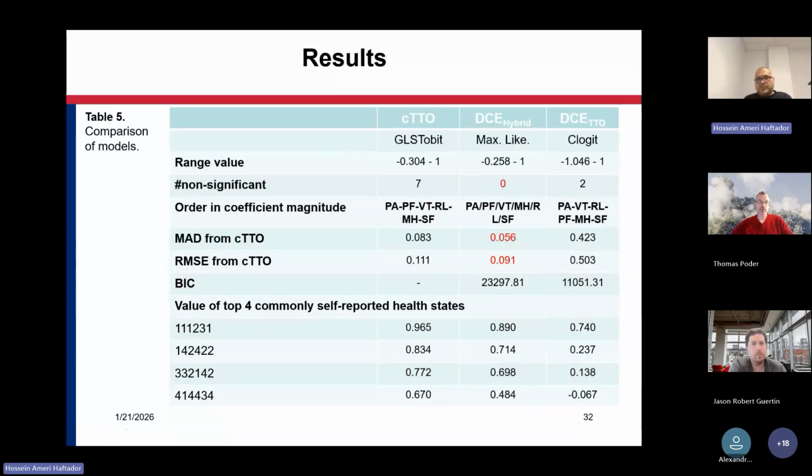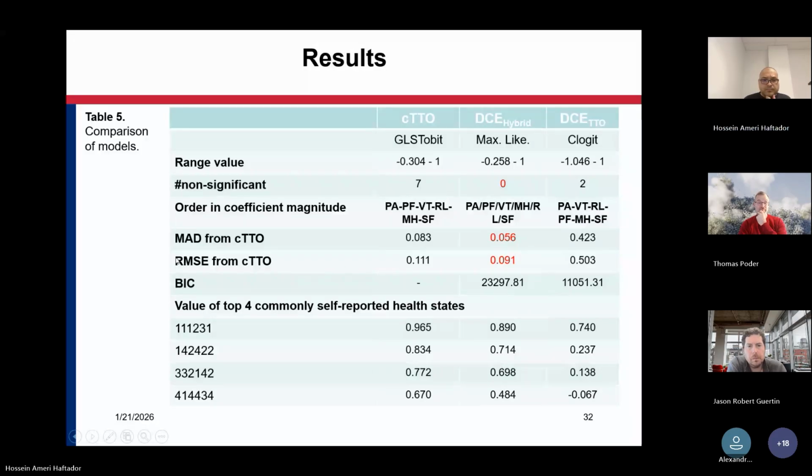The result of comparison between TTO, DCE hybrid, and DCE TTO revealed DCE hybrid is narrower. The number of non-significant is 0 for DCE hybrid. Pain is the most important dimension among all methods.